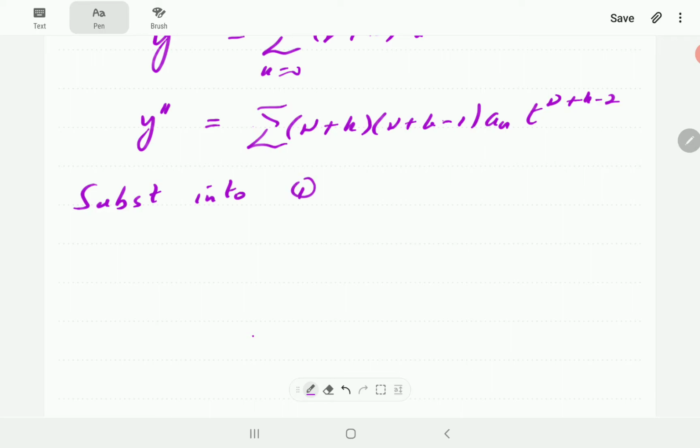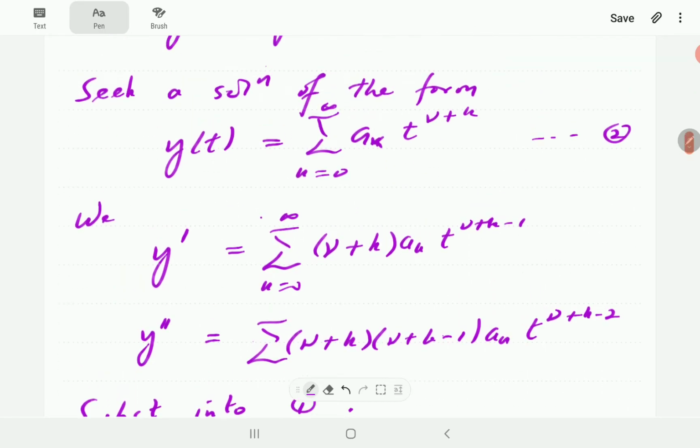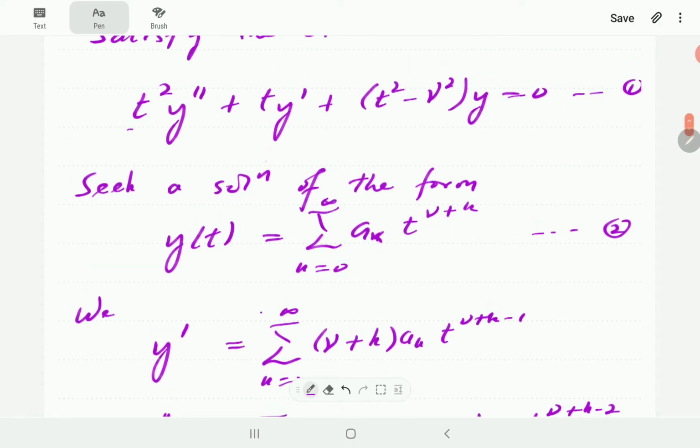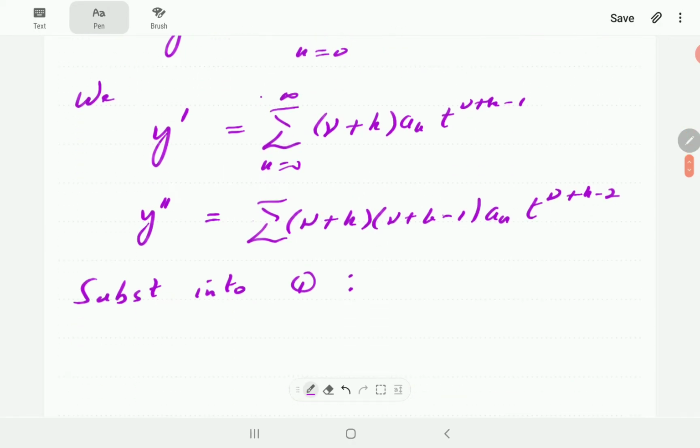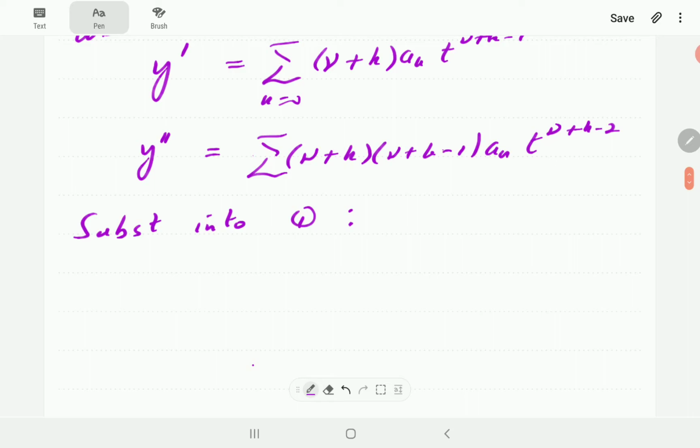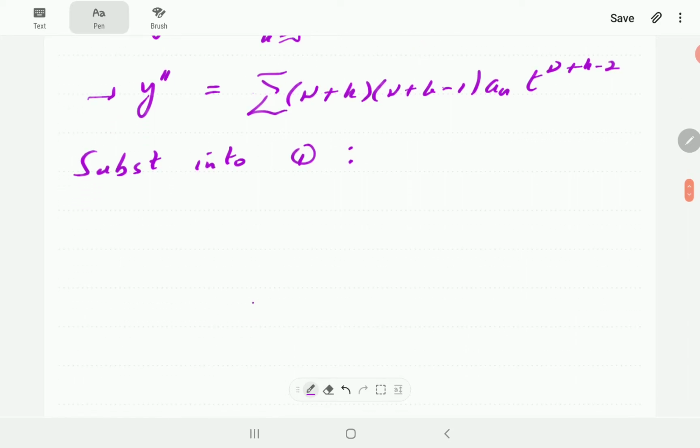So in this equation we've got t squared times y double prime. That t squared is going to multiply this term. Then we're going to get the following situation after a bit of rearranging.